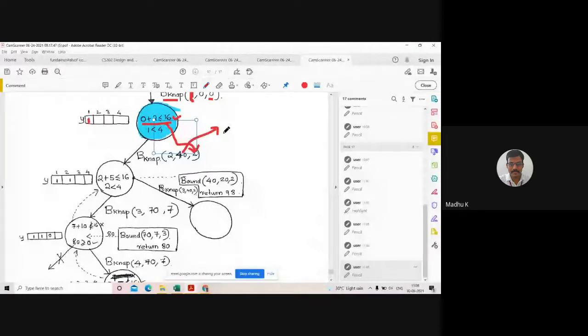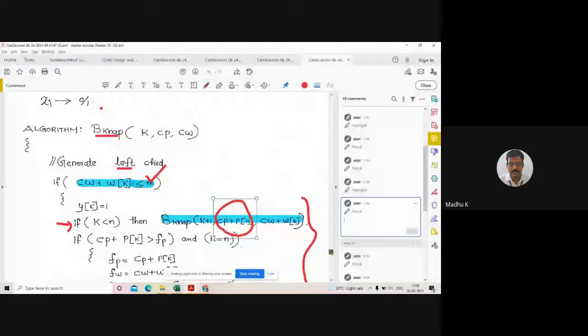What is the current profit now? You can observe what this parameter is, the middle parameter, P of k.